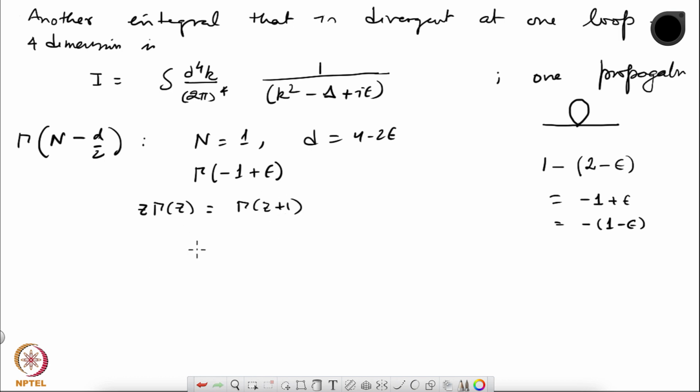I will use this now. I need gamma of minus 1 plus epsilon.